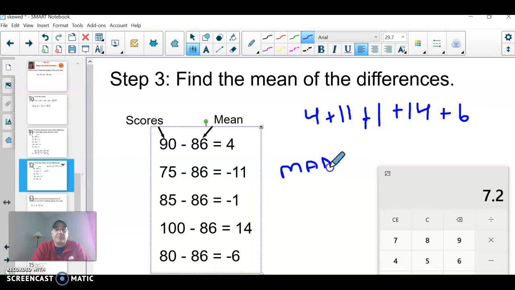So the MAD is 7.2. It's kind of like finding almost two means. The second one is your deviation, but that turns out to be your MAD. So it winds up being 7.2. All right, a little tricky, right?